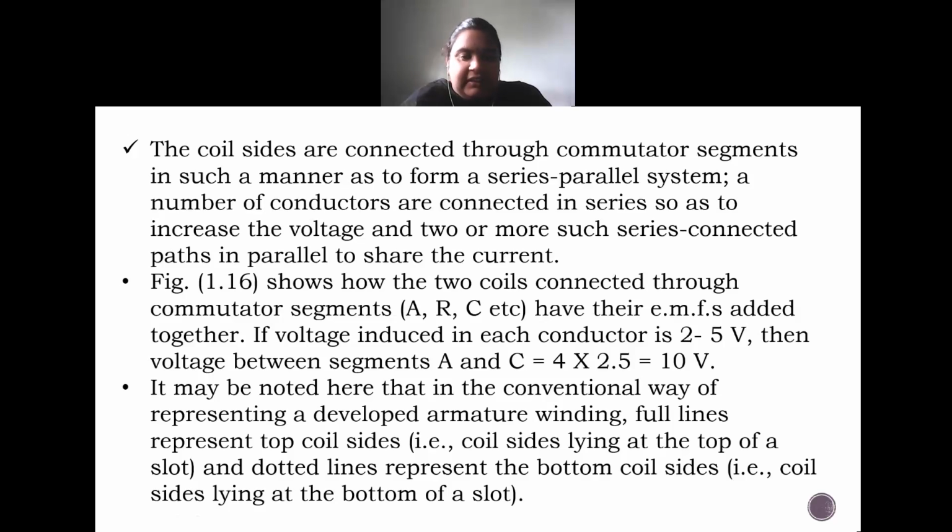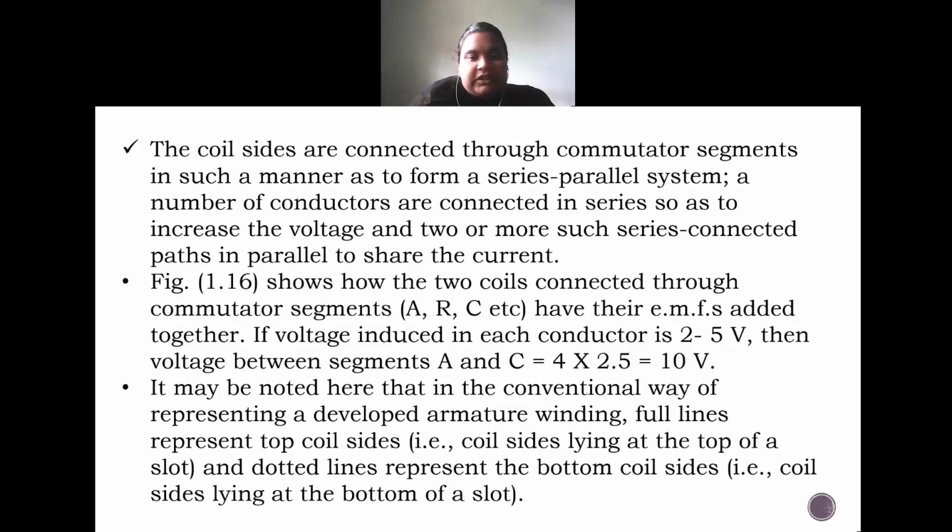We have already seen that a series and parallel connection will be present between the conductor systems, such that the parallel system will give us a high amount of current, and the series system will give us a high amount of voltage. This we have already seen. He's just telling us that series and parallel connections will be done.